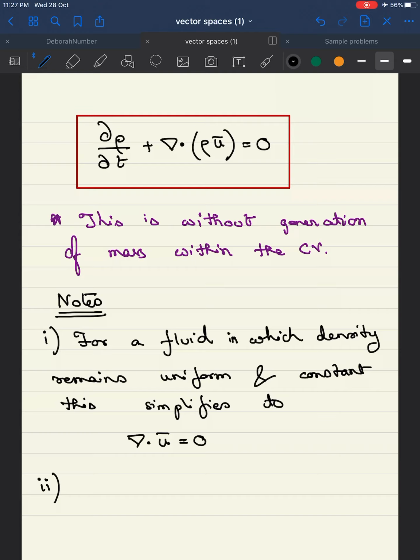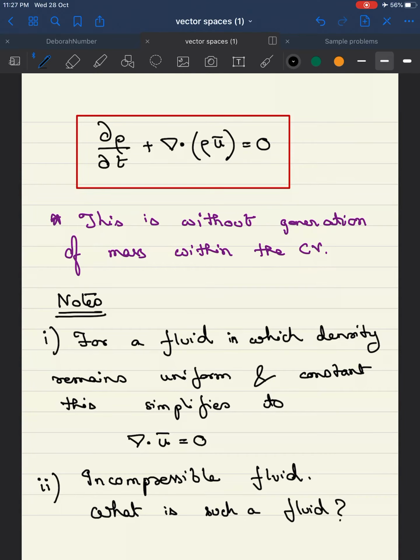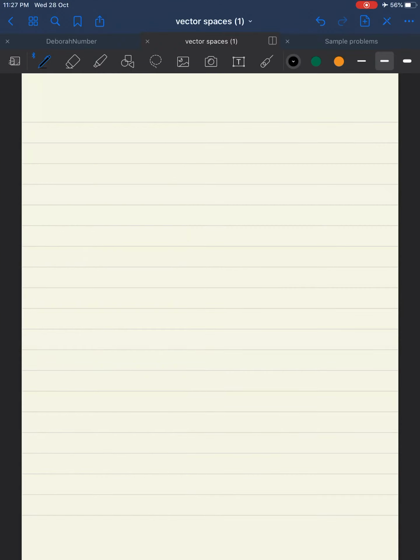Now, another very important type of fluid that we keep on encountering is what is called the incompressible fluid. What is such a fluid? Well, an incompressible fluid is one in which the density of a particular piece of fluid packet remains constant.